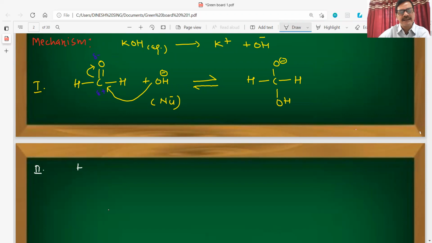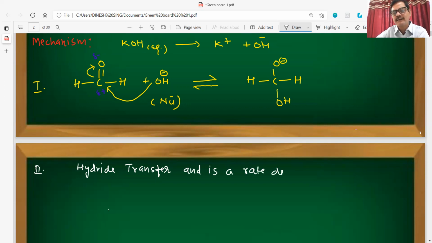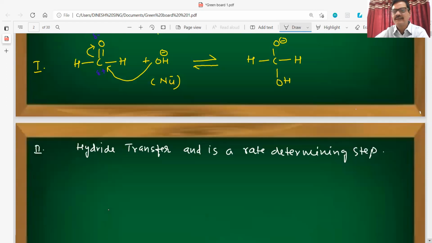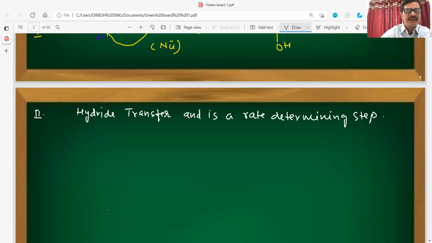The second step of the reaction is hydride transfer, and it is the rate determining step, the RDS of the reaction.